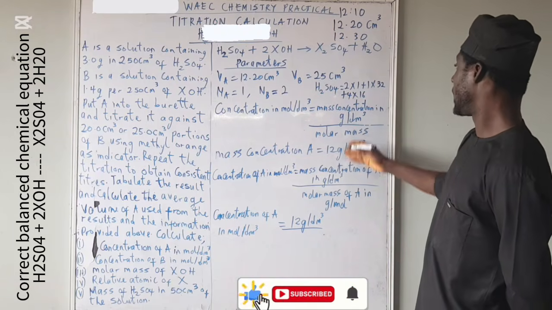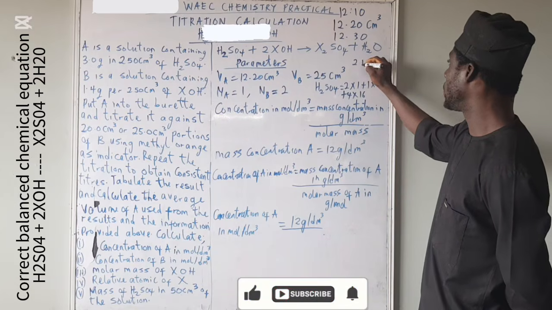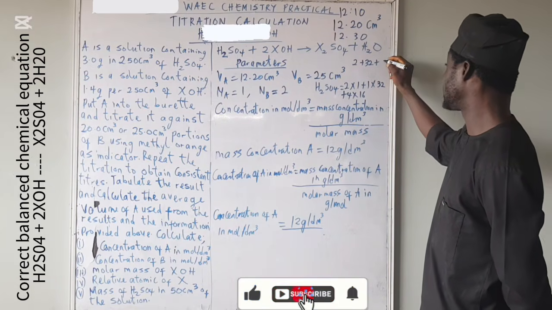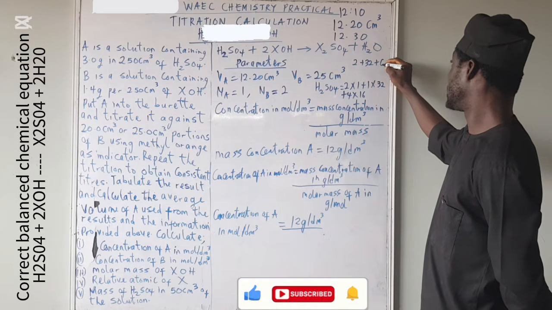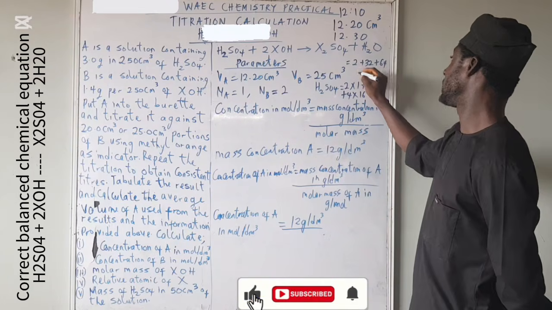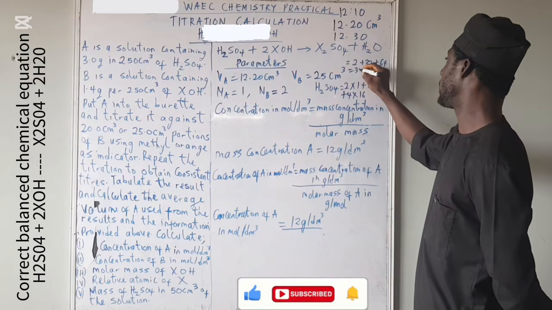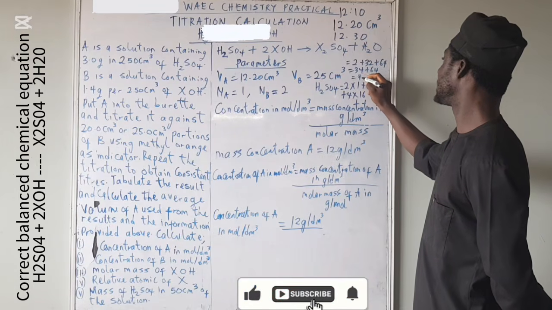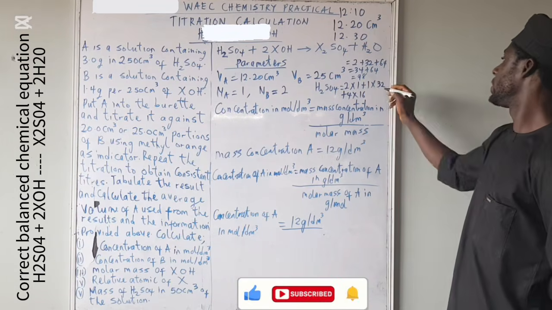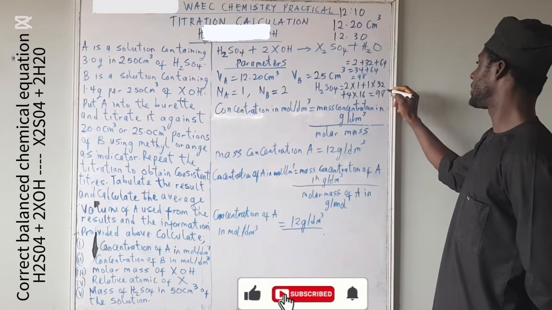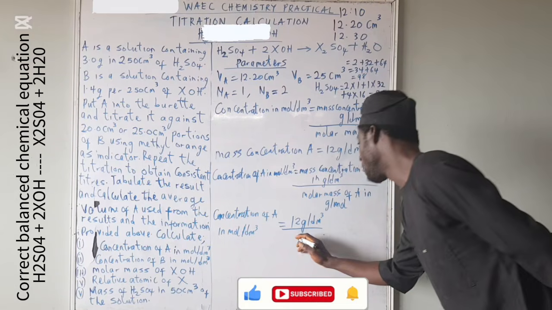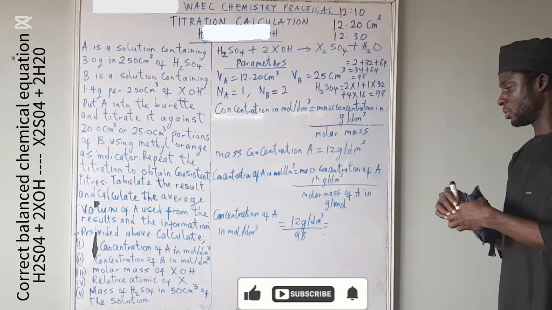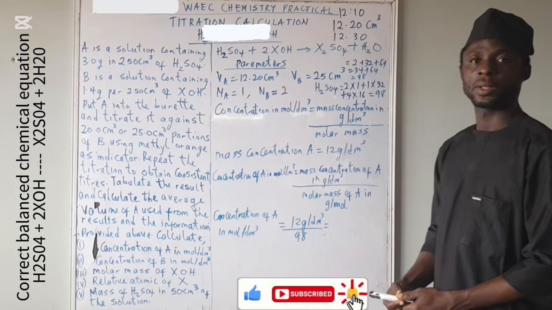So at the end, we have 2 plus 32 plus 4 times 16. That is 64. Let's add everything together: 34 plus 64 gives us 98. So here we have 98, and that is over 98. So let's use our calculator.